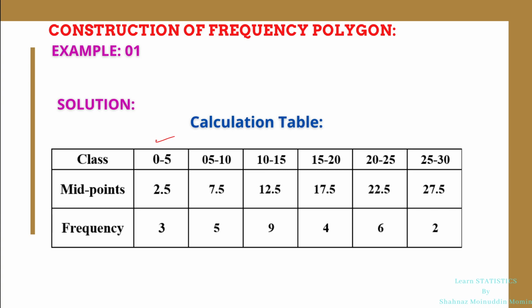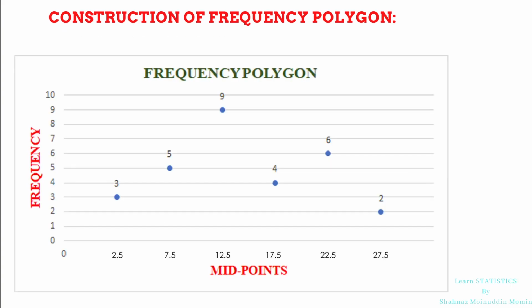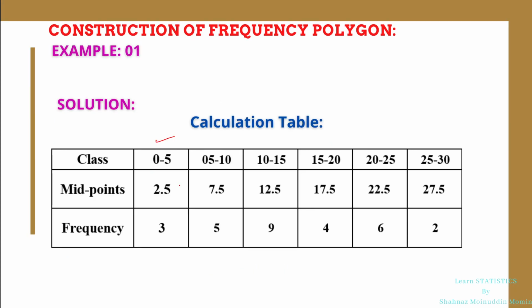Then we take the midpoints along the x-axis and the corresponding frequencies along the y-axis and mark the midpoints with their corresponding frequencies like this. See here in the table, the first midpoint is 2.5, which has frequency 3, and the second is 7.5, which has frequency 5.